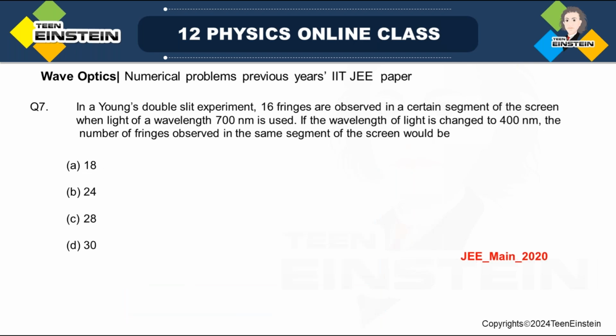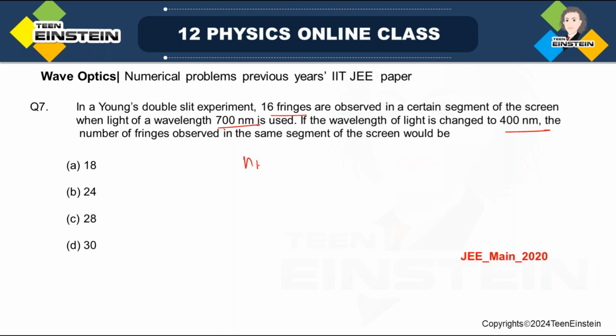In Young's double slit experiment, 16 fringes are observed in a certain segment of the screen when light of wavelength 700 nanometer is used. If the wavelength of the light is changed to 400 nanometer, find the number of fringes observed in the same segment.